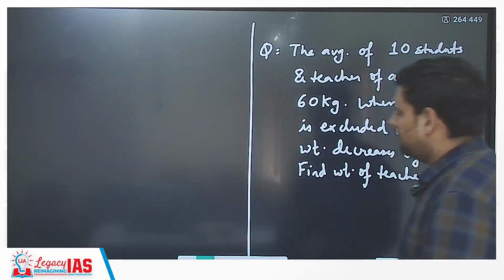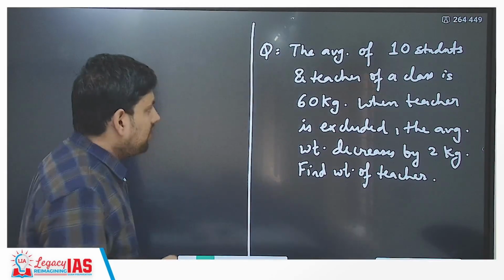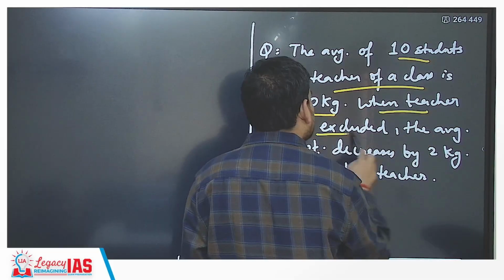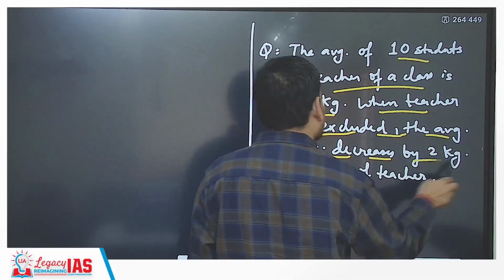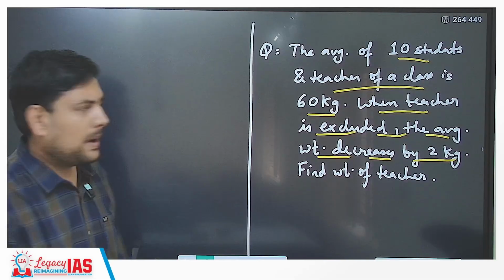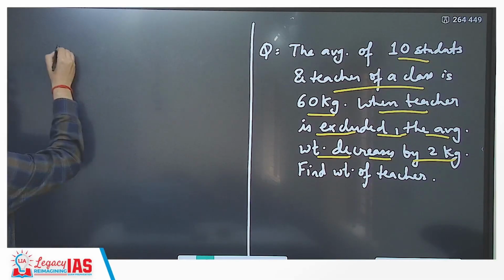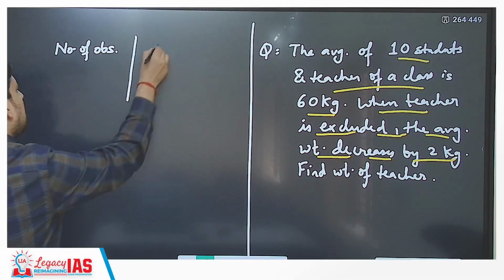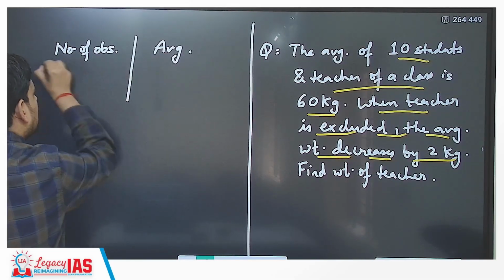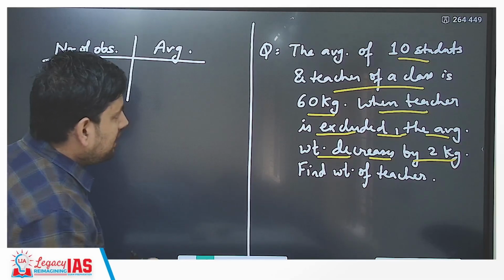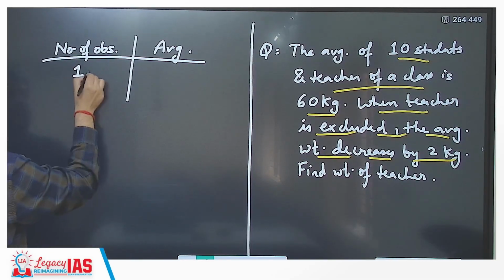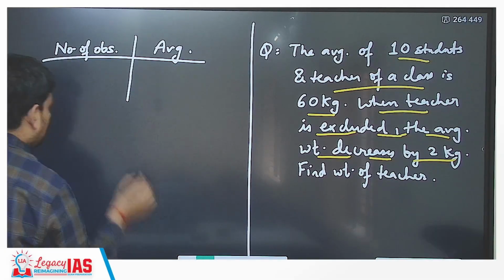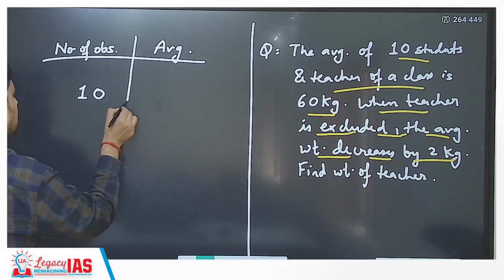let's do another question. What it says: the average of 10 students and teacher of a class is 60 kg. When the teacher is excluded, the average weight decreases by 2 kg. Okay, now initially again I'll write here number of observations, and here I will write the average for them.